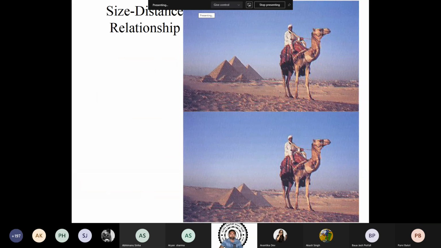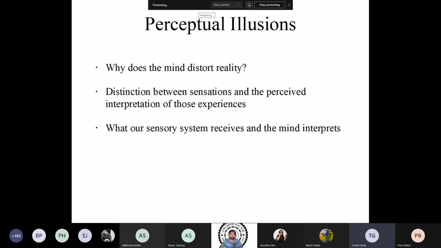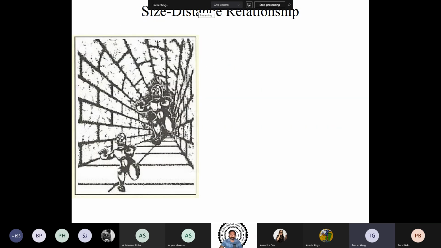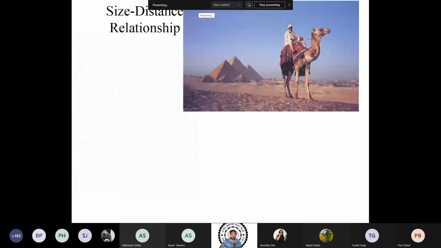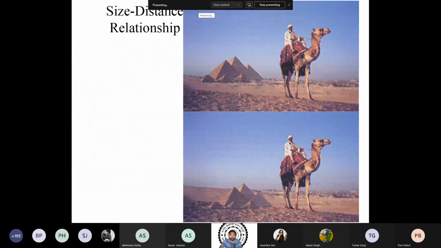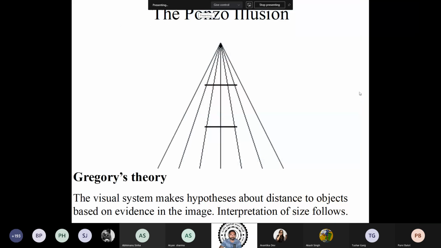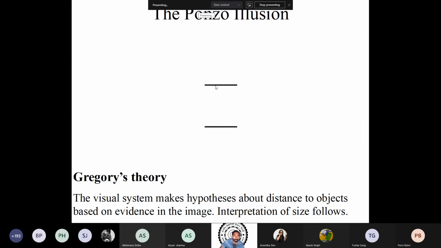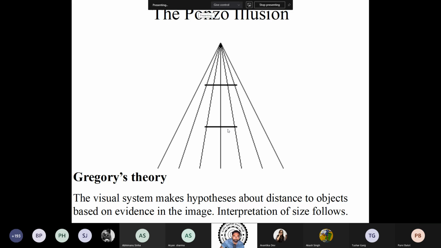This is one more example. What is the difference between perception illusion and perception reality? Means both cases, perception and illusion, and perception and reality. So this is one more example. This is what the reality is, right?